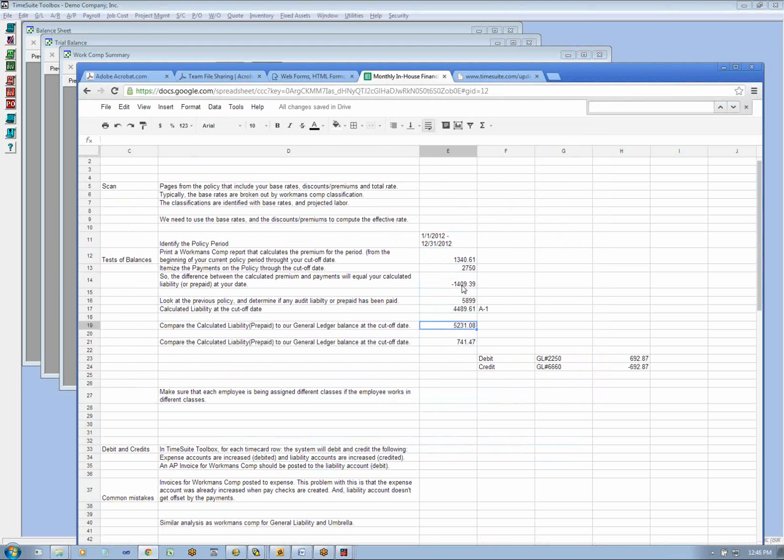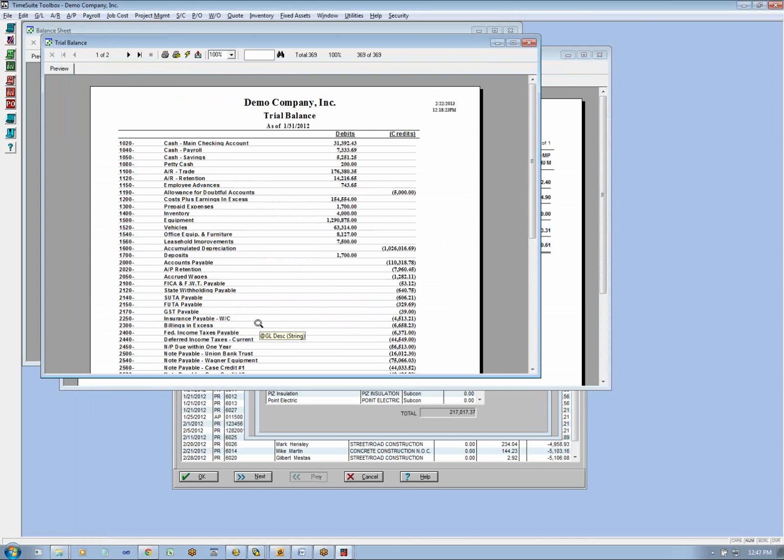And so we compare our calculated liability to the general ledger at the cutoff date. So calculated liability, and then this is our adjustment here. We're going to debit and credit something. We think the general ledger shows this amount, right? So what did the trial balance say on workman's comp?